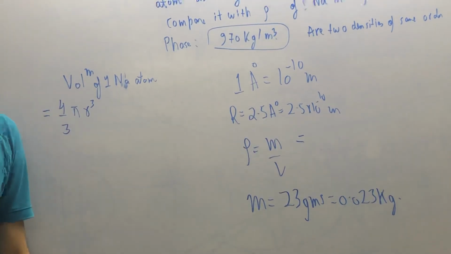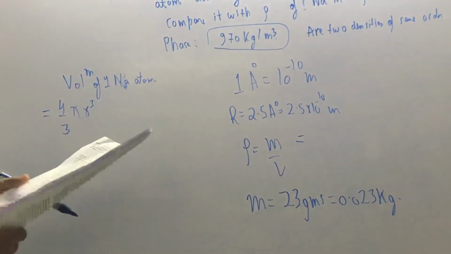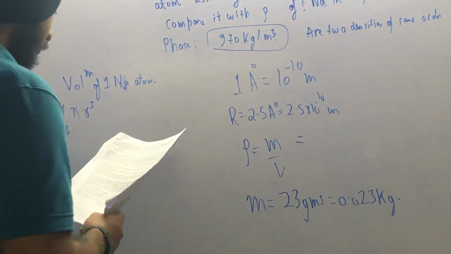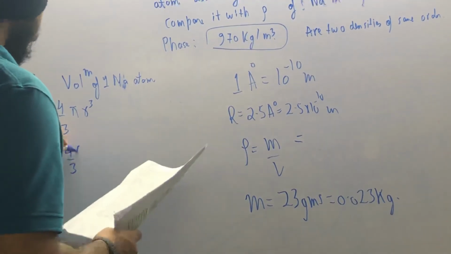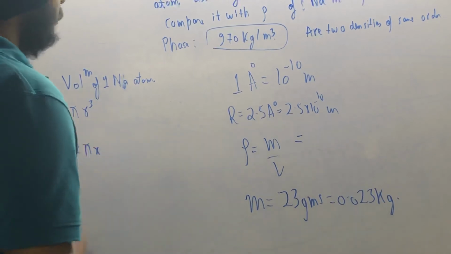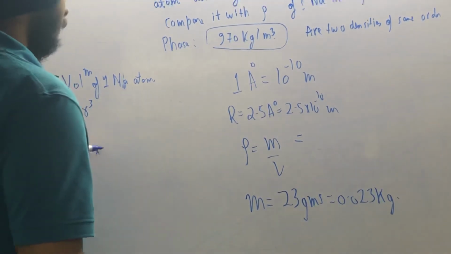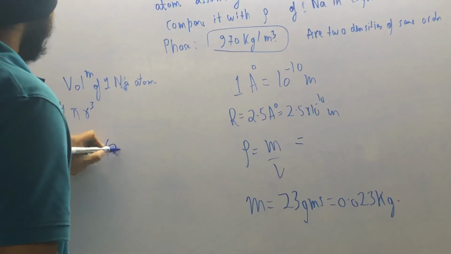So the volume of a sphere is 4 by 3 pi r cube. Just substitute the values: 4 by 3 into pi, radius is 2.5 into 10 raised to the power minus 10.